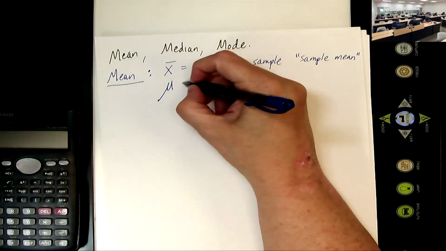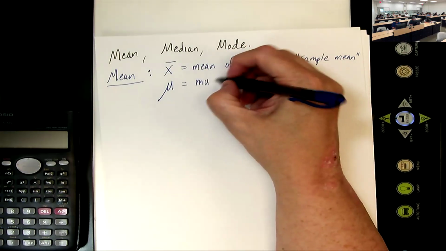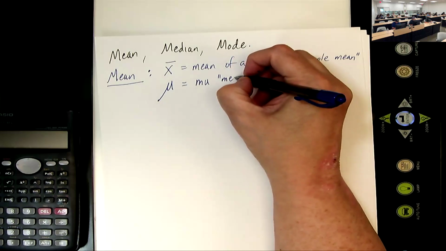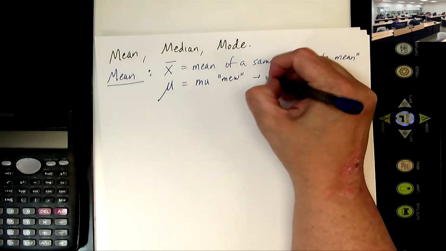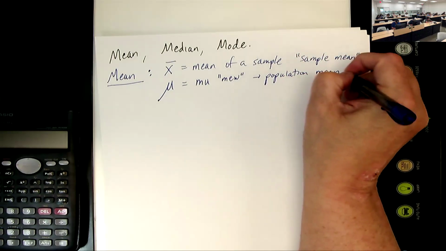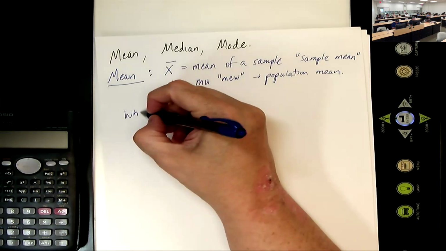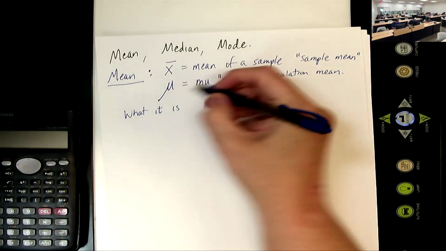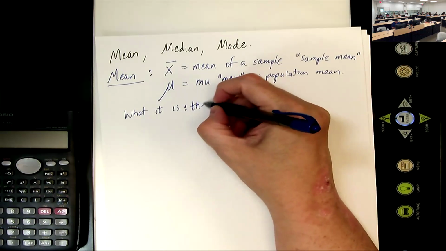And mu, which is a Greek letter, pronounced like MEW. This is a population mean. But what it is, is the average of the numbers.